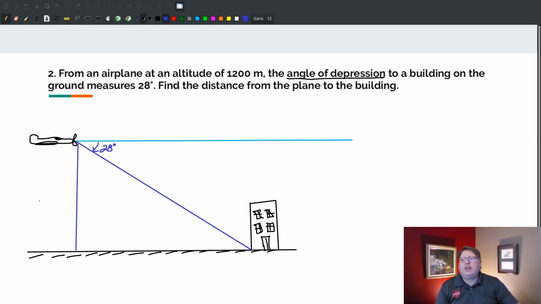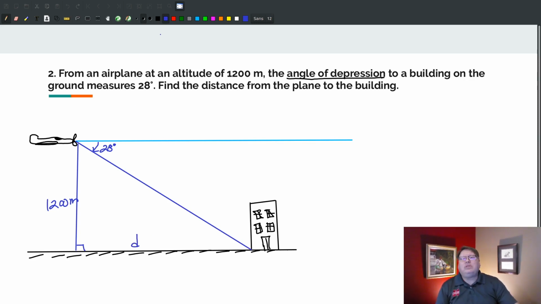We're told it's flying 1,200 meters above the ground. That's its altitude, which means we have a right triangle formed here. And the distance from the plane to the building, I agree, guys, when I see these problems, it is ambiguous. Are they talking about the direct distance along the hypotenuse, or ground distance? We're going to assume that they want the ground distance, and I'm going to call that D.